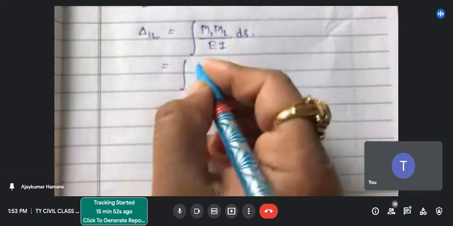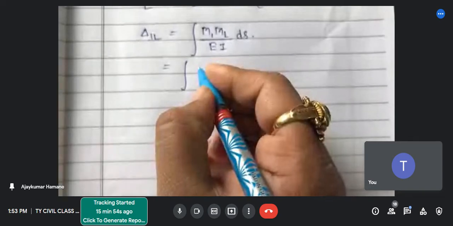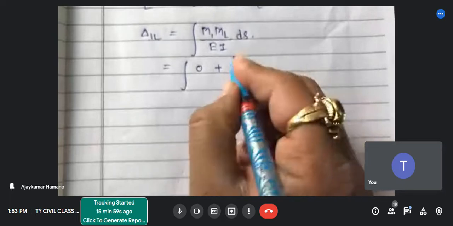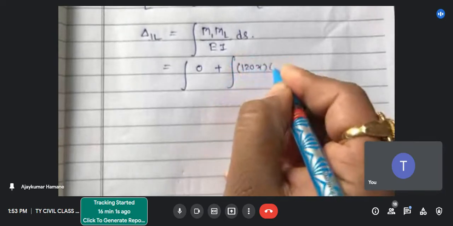The first one is 0, correct, plus for DB span 120x into 0.